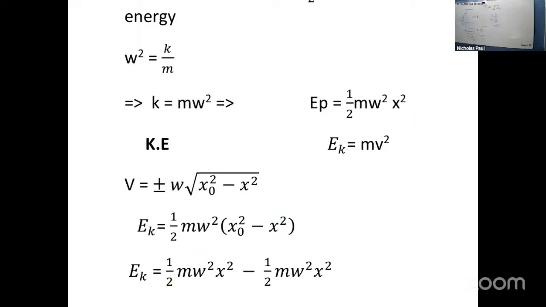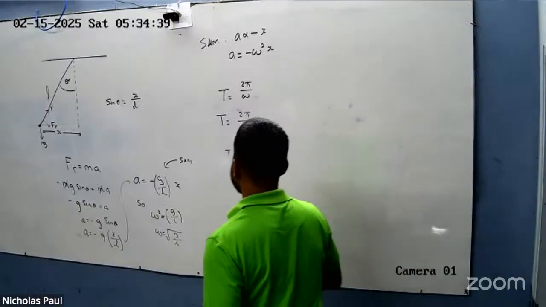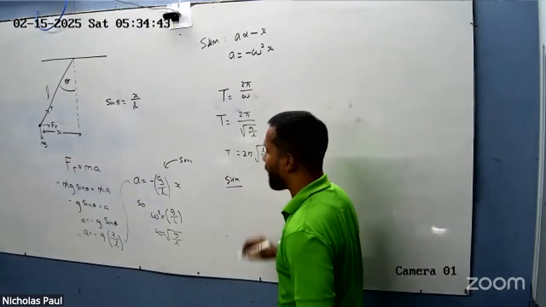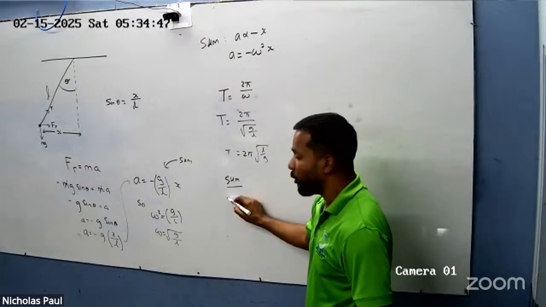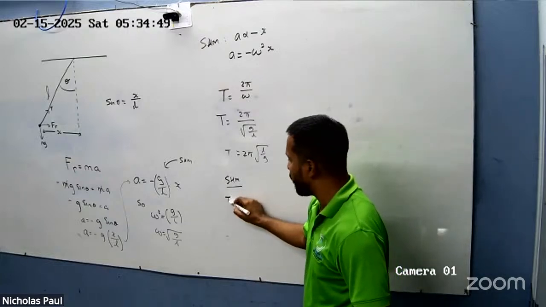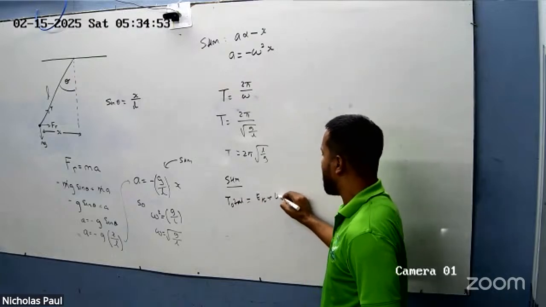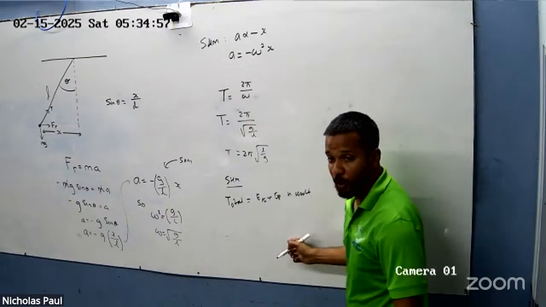I'm going to show you on the board. We are saying that for something moving with simple harmonic motion in a free oscillation, the total of the kinetic plus the potential is constant. You want to show that.